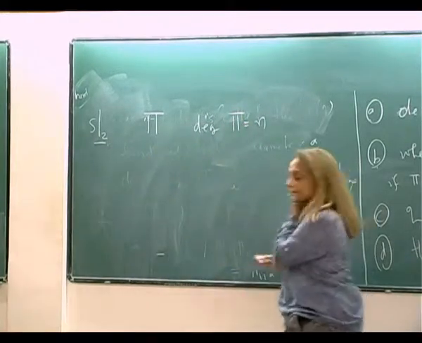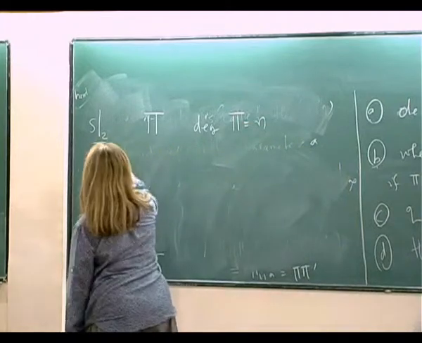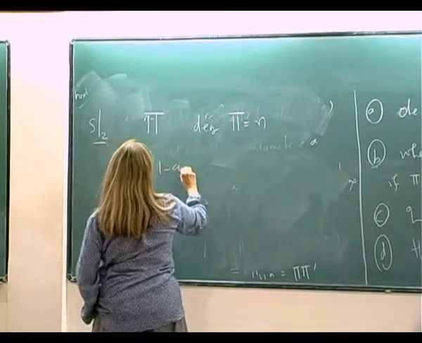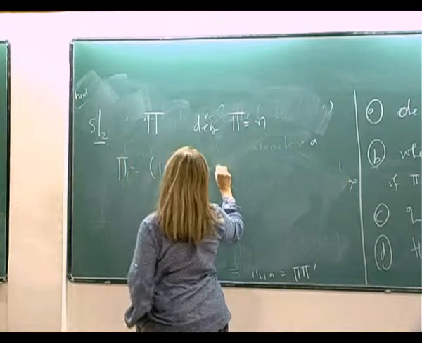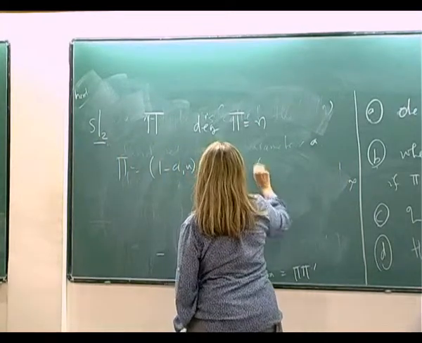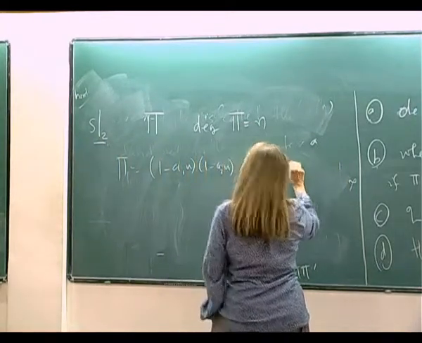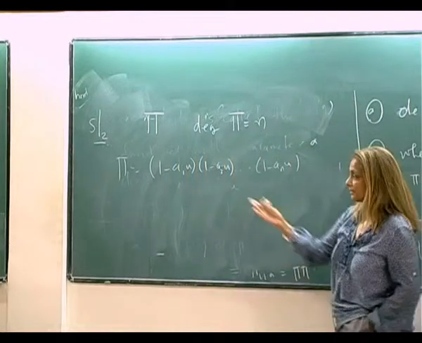Then I can write pi as (1 minus a1 u) into (1 minus a2 u) into ... into (1 minus an u). I'm just factorizing it.